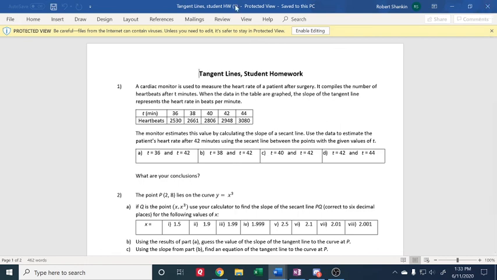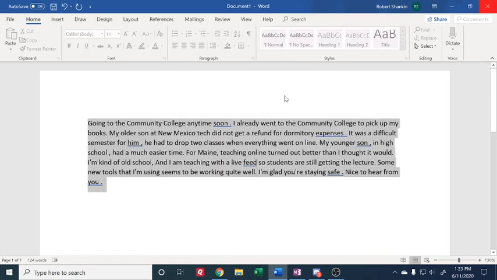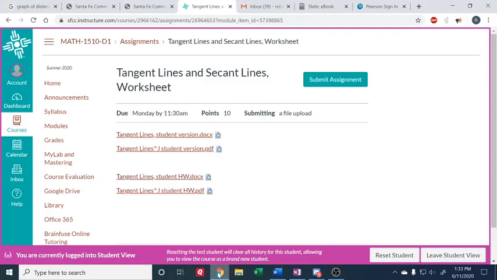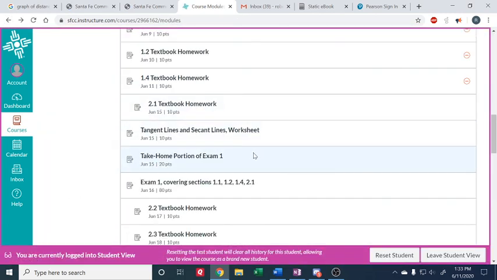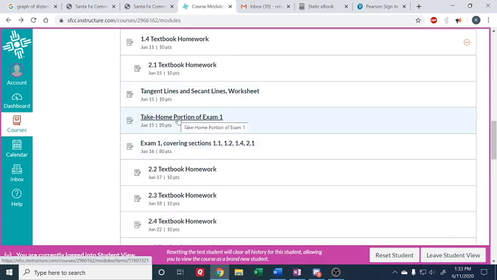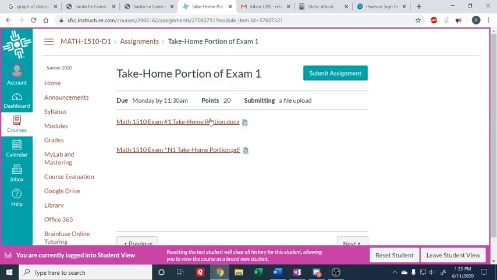All right, let's get back to here. After that, you see the take-home portion of exam 1. If we click on this, there's a Microsoft Word document and the same thing as a PDF file.